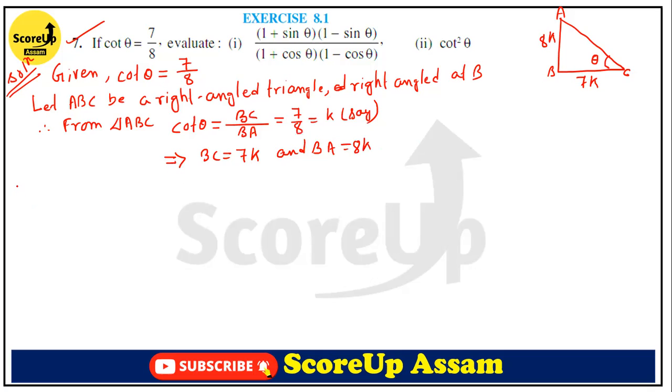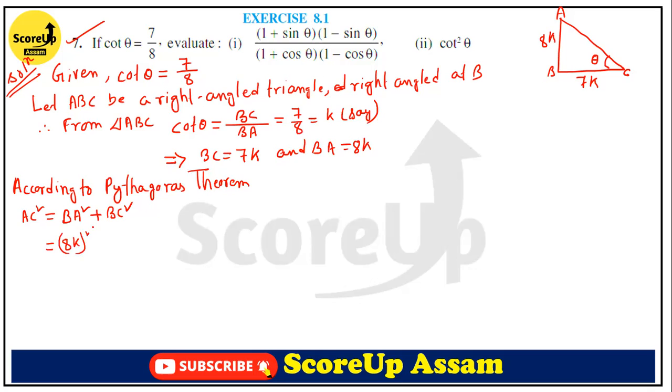According to Pythagoras theorem, AC square is equal to BA square plus BC square. The value of BA is 8K, therefore 8K whole square.